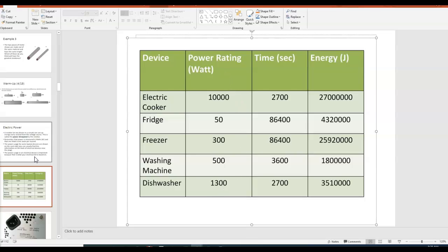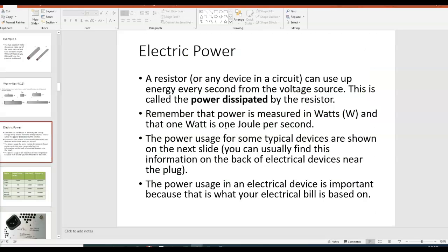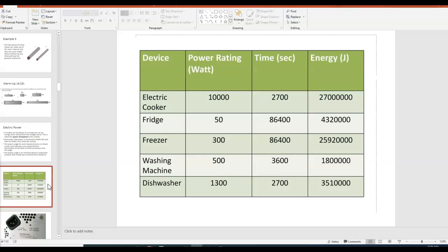And again, going back to the last slide, power is measured in watts, which is joules per second. And so when this says the freezer uses 300 watts of power, that basically means that every second it uses a lot of energy. So 300 watts would be 300 joules per second. And then, at the end of the month, you would multiply that 300 watts by how many seconds you used your freezer throughout the month.